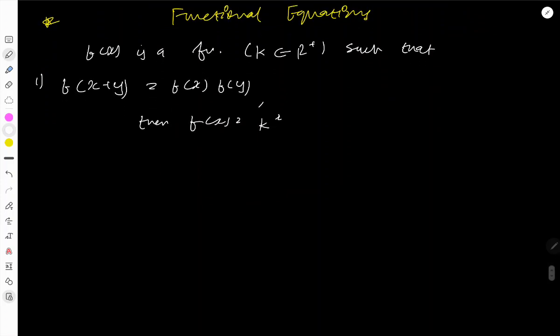We have to learn how these equations look, because they might come ready-made. Number 2, if f of x plus y is equal to f of x plus f of y, then simply f of x is k times x.